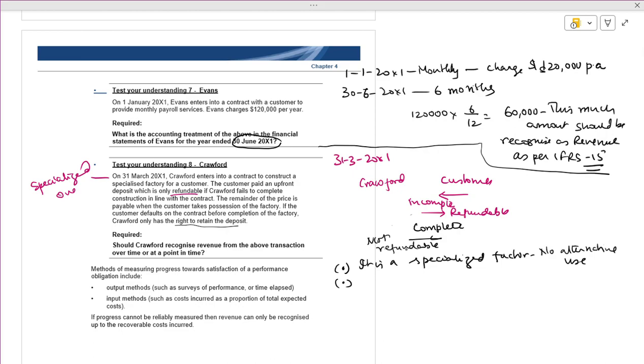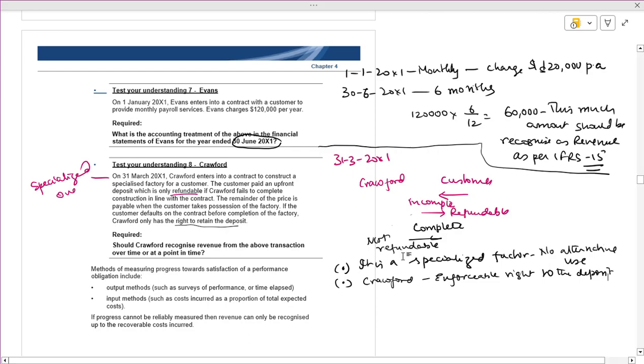Now, Crawford has only an enforceable right to the deposit received. Means definitely they can enforce it, and they don't have a right to payment. He has only the enforceable right. That's all, as simple as that.